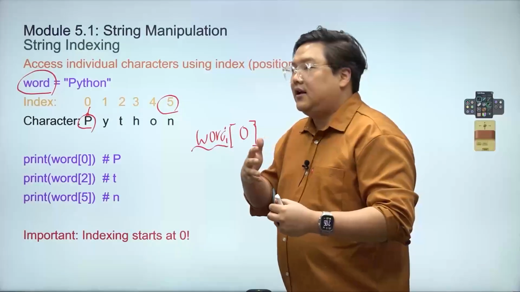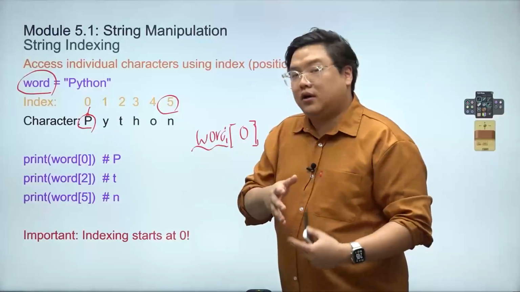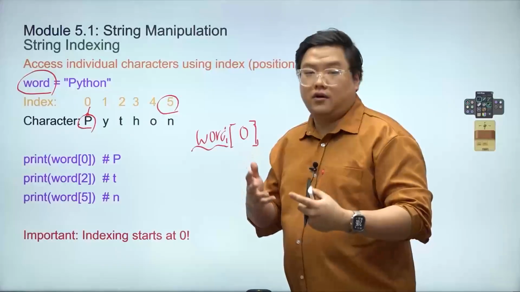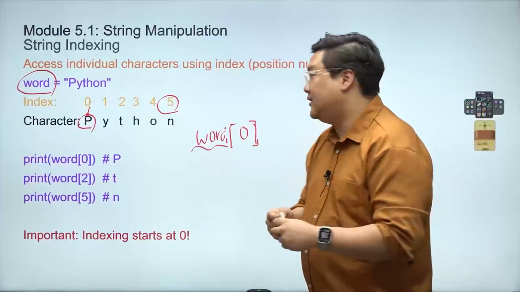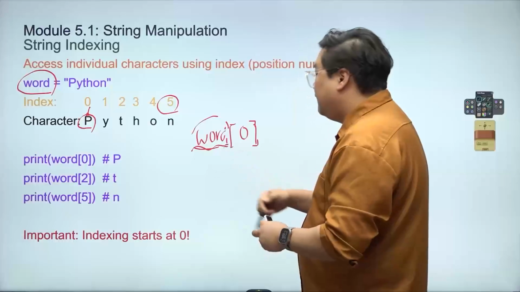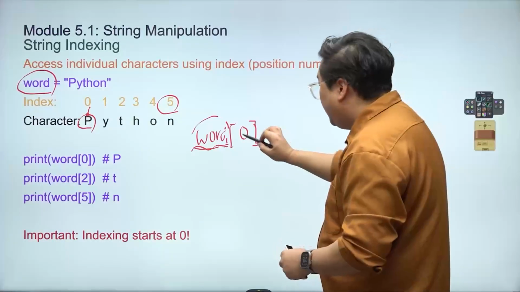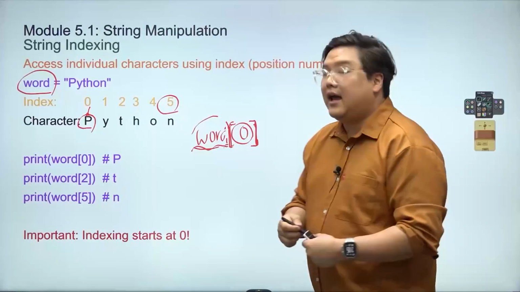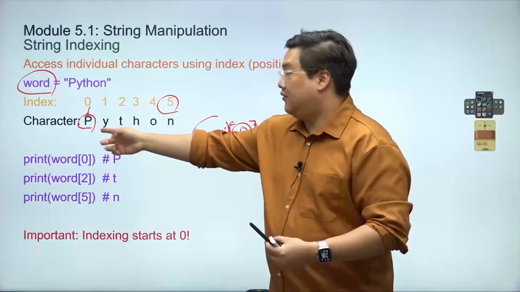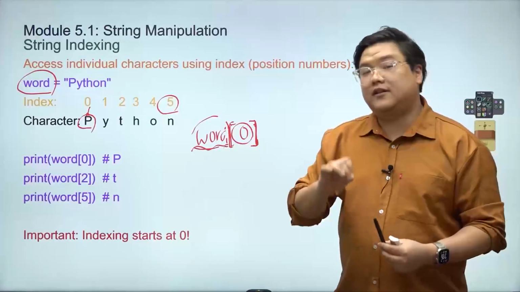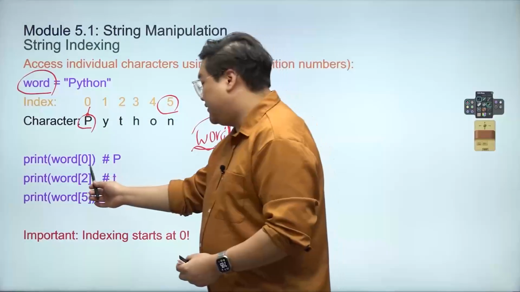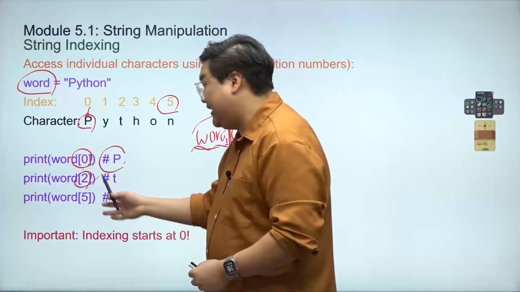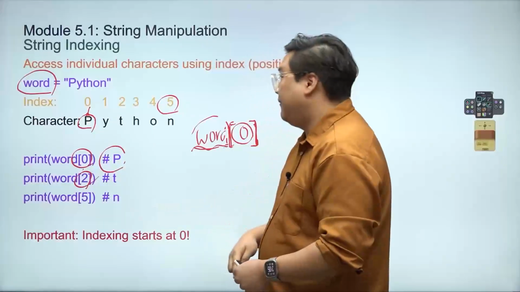Well, to be exact, strings are not directly stored in variables, but that is out of the scope of this curriculum, so I'm not going to get into that in detail. We use square brackets, and inside the square brackets we use the index number, and that will bring the character saved at that specific index. So word[0] is going to bring P. word[2] will bring T, so it will print those letters.